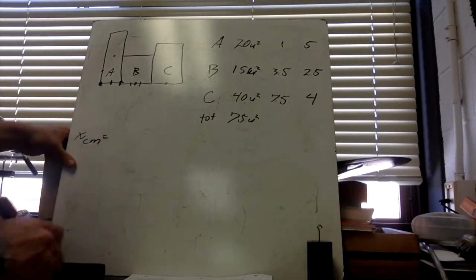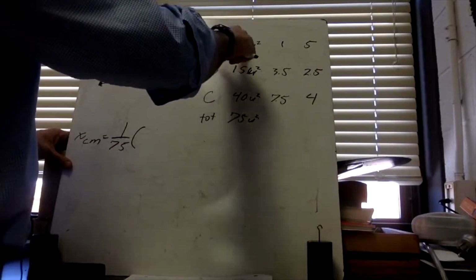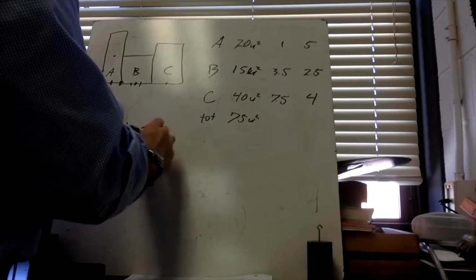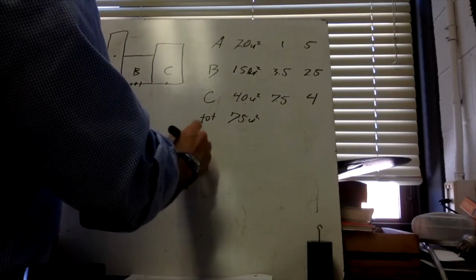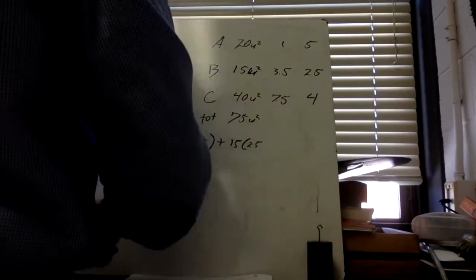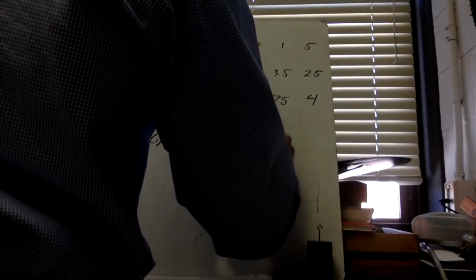So here's the x center of mass equation. 1 over the total mass times the mass of A times the x-coordinate of A's center, so 20 times 1, plus 15 times 3.5, plus, sorry, that's not the case, 40 times 7.5, this is for part C. And that comes out to about 4.97 units.